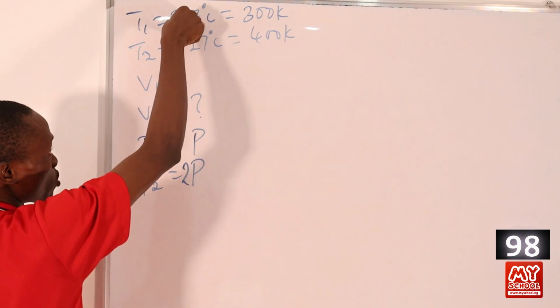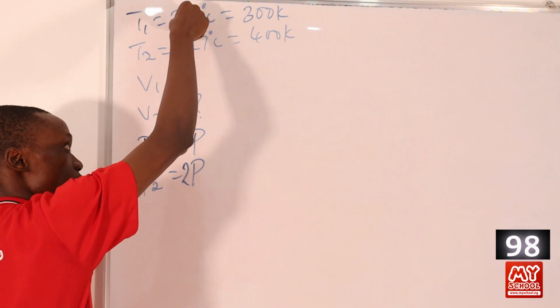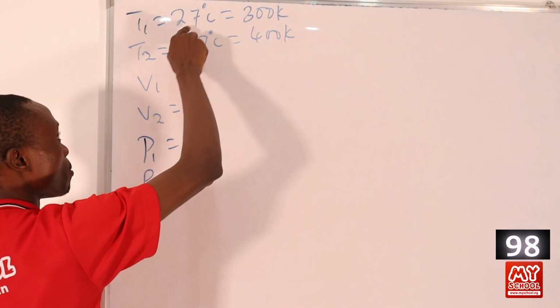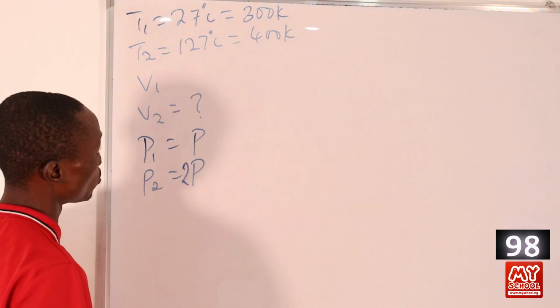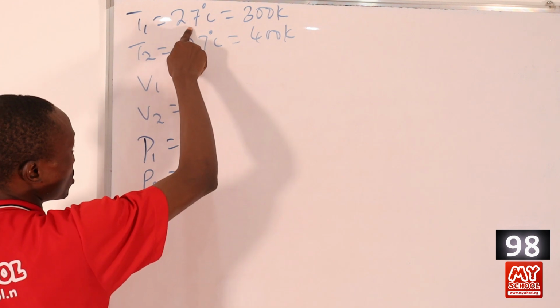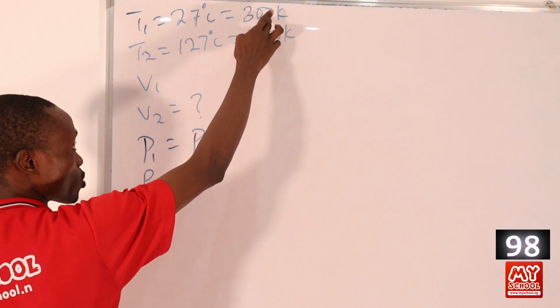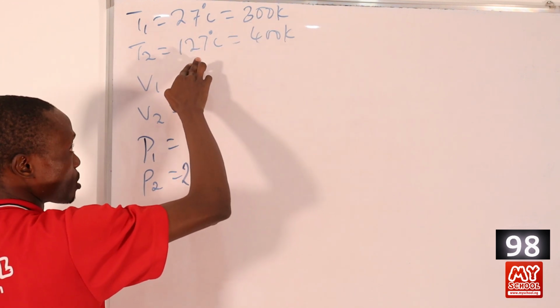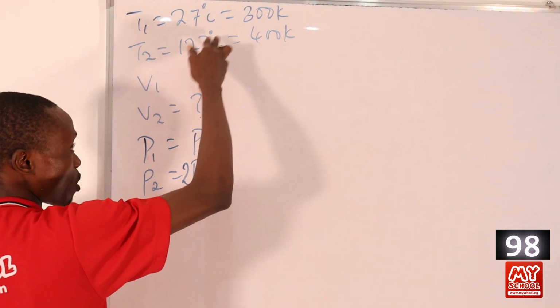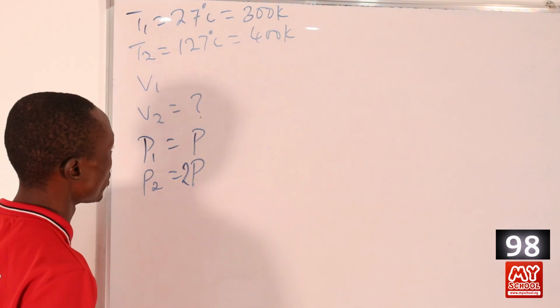Now remember, our temperature is given to us in degrees Celsius, but here we have to convert it to Kelvin by adding 273 to it. If we add 273 to 27, that will be equal to 300. If we add 273 to 127, that will be equal to 400 Kelvin.